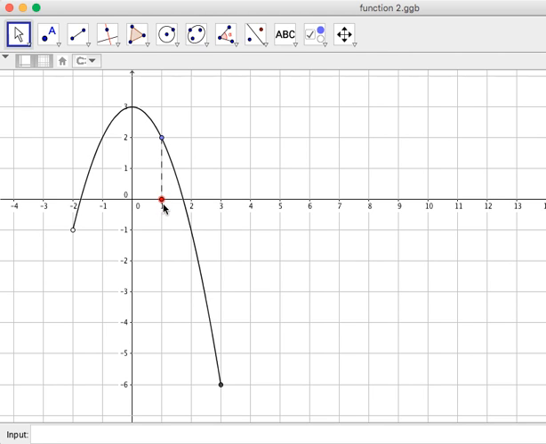Nandito yung aking shadow or yung ating projection. Pag minove ko yan, lahat ng dinadaanan niya, yun ang aking x-coordinates. Hindi kasama itong negative 2. Ibig sabihin, yung red part na yan yung aking domain.